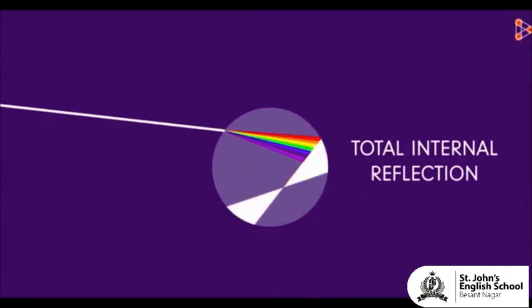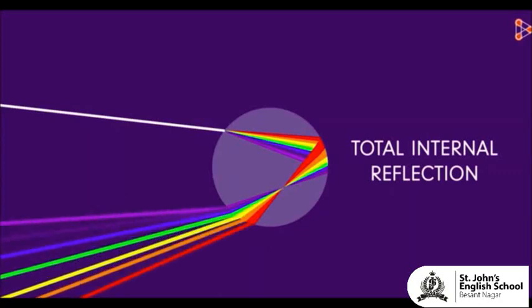So after total internal reflection, again it refracts and disperses, producing the 7 spectral colors, that is VIBGYOR.